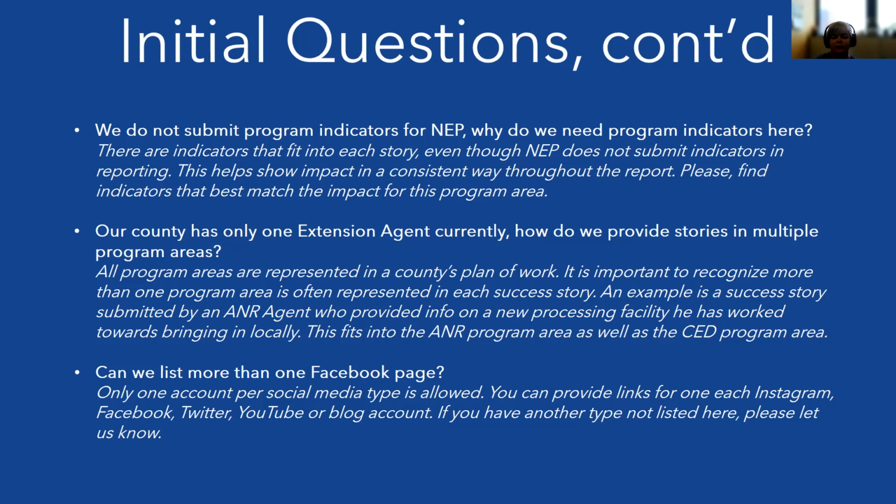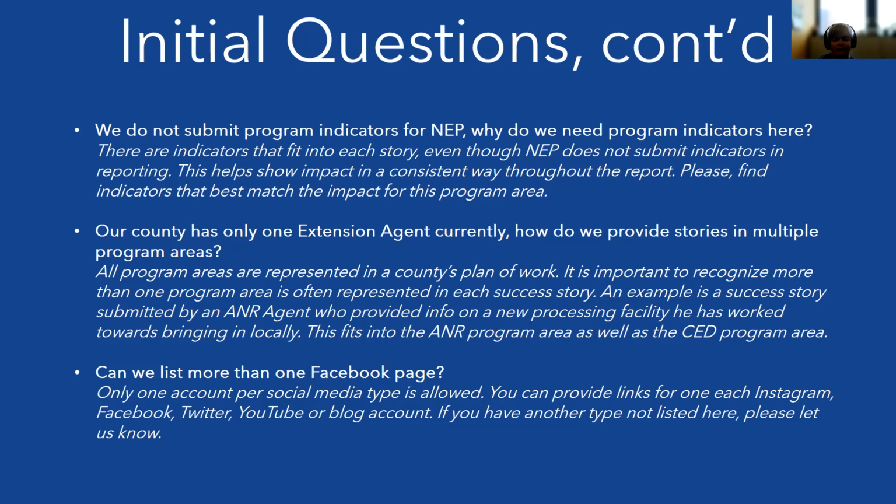The example I use is a county that helped to bring a new processing facility into their county. This A&R agent worked with the producers to research grants, apply for grants, and tour other facilities with them so they could all learn the best way to get this facility up and running, and the funding. And they've gotten the funding for it, and they're going to be putting it into their county community.